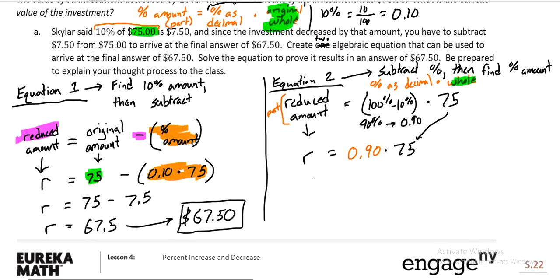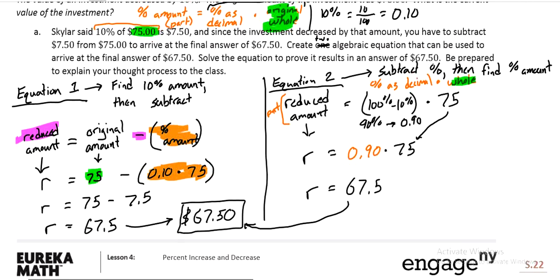Okay, so now all we have to do is do R, which is the reduced amount. And to find that, we have to do 0.90 times 75, which gives us 67.5, which again is equal to the same answer we found, that's $67.50.